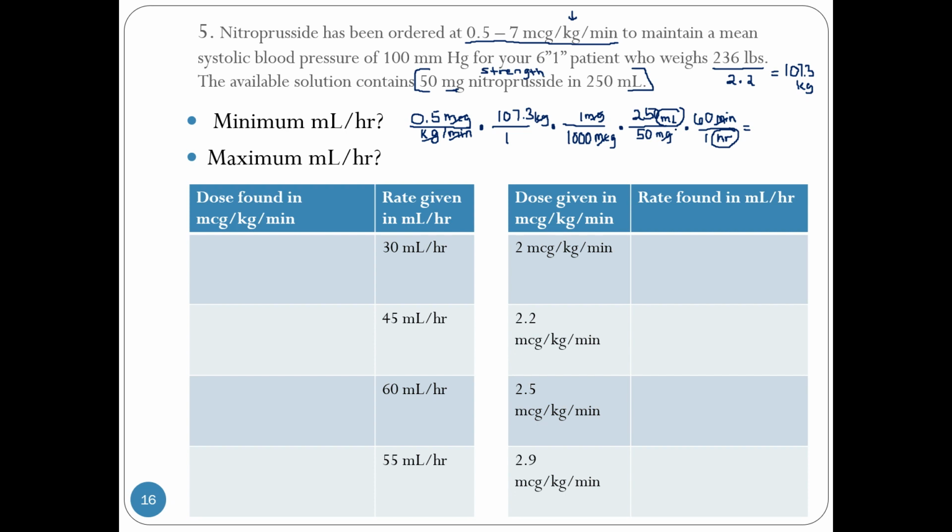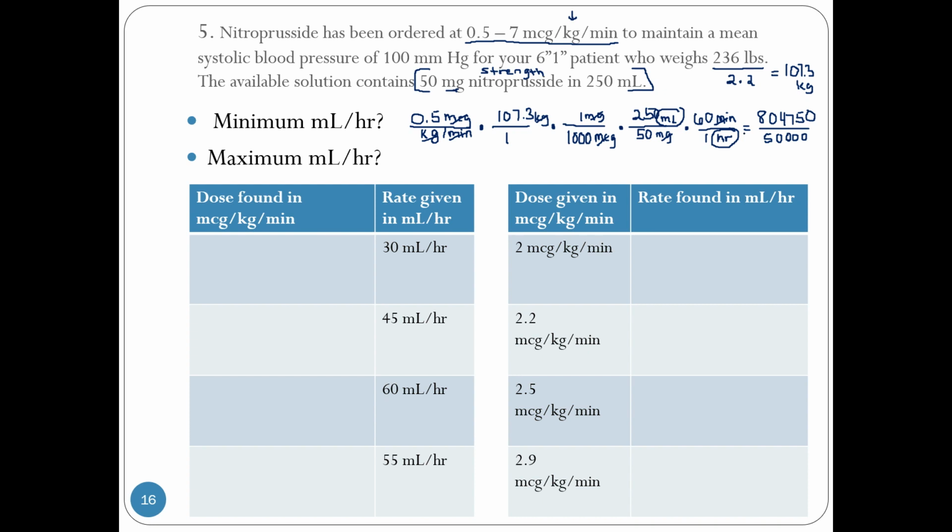So to do my math, I'm going to multiply straight across the top. So 0.5 times 107.3 times 250 times 60. And that gives me a large number, so I'm going to jot that down, 804750. I multiply across the bottom, and so across the bottom I get a 5 with 1, 2, 3, 4 zeros with it.